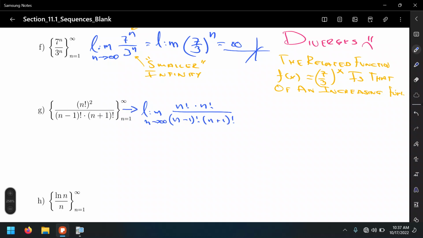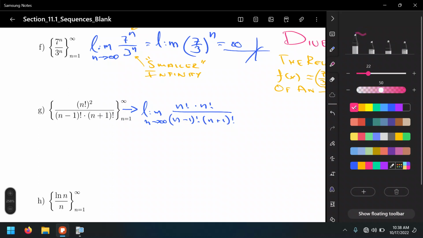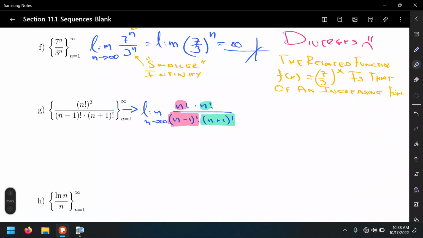All right. So we need to simplify factorials, and let me group these factors. I'm going to group the n factorial with n minus 1 factorial, and I'm going to group the other n factorial with the n plus 1 factorial. So let's focus on the pink factors right here. Between n and n minus 1, which of the two is the largest of the factorials?